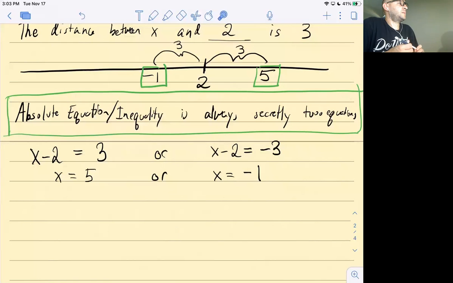And this is where we have to be careful with English versus math. So Gabriel, there are two equations. So there's two answers, but it's a little tricky.